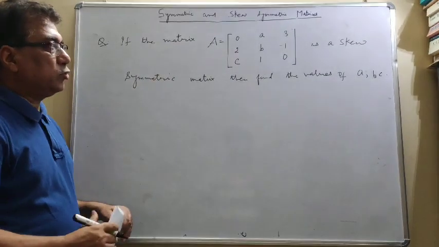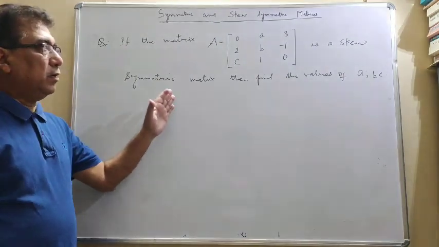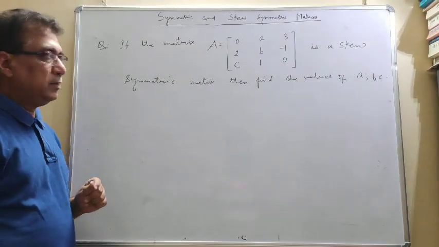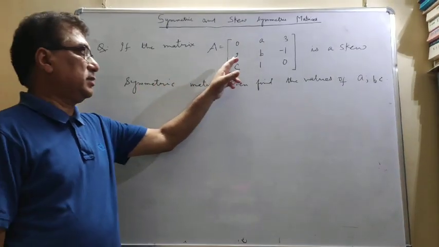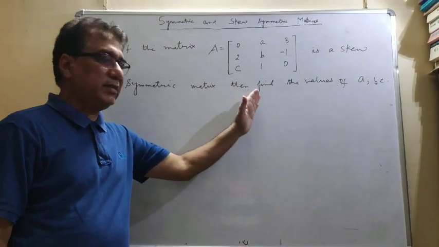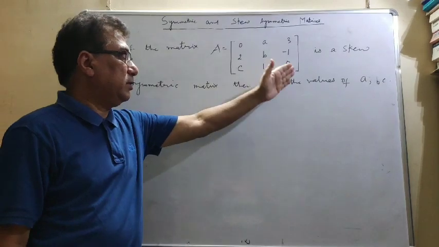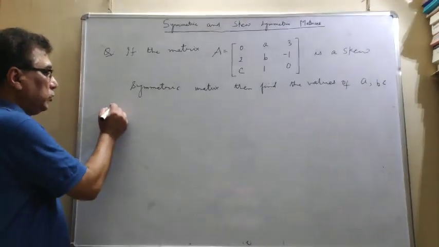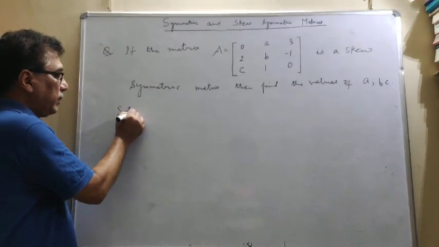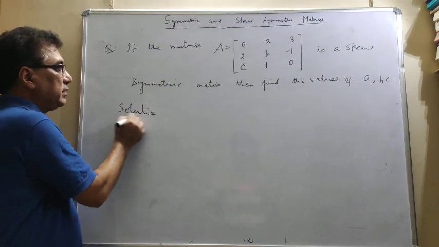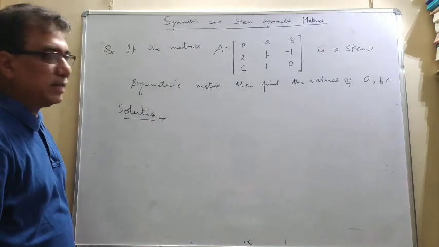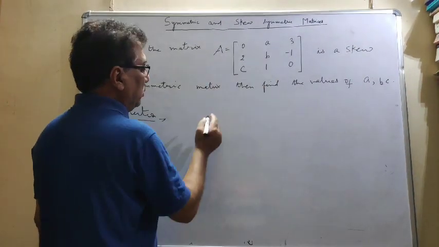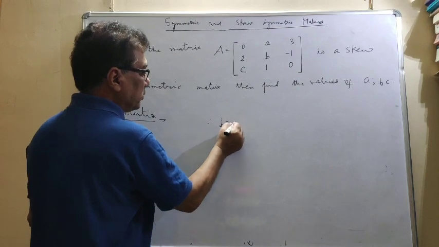Now I have written one question here. This is a 1 mark question, and it has been asked in board examination, that if this matrix is a skew symmetric matrix, then we have to find all these values, A, B, C, 3 unknown values are there. So how to get them? The matrix is a skew symmetric matrix, and therefore all its diagonal elements are 0. Therefore the value of B must be 0.